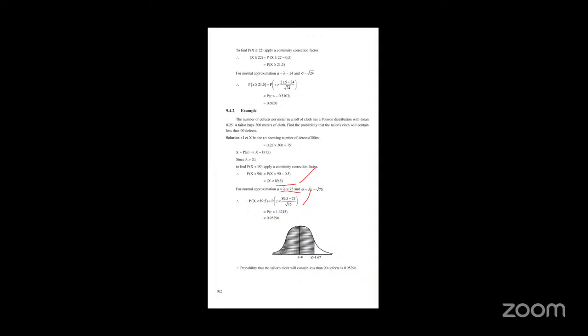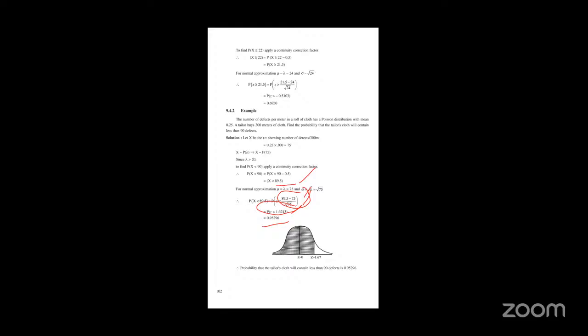After calculating 89.5 minus 75 by root 75, the probability of Z less than 1.6743, after solving, we get 0.95296.